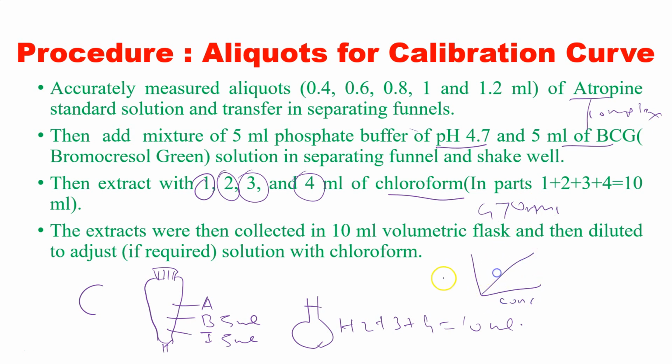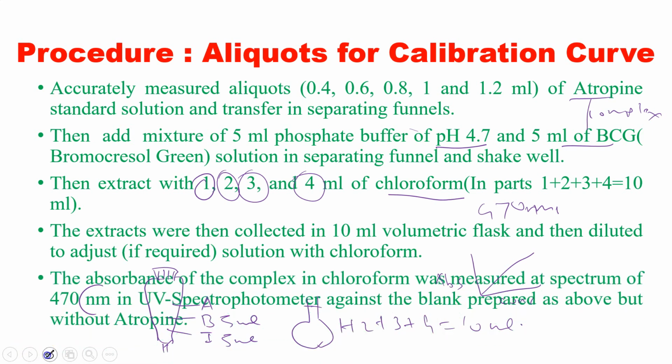Here it will be concentration, and here it will be absorbance. Definitely, whatever the concentration of atropine, that will react with BCG, bromocresol green. And as the complex concentration increases, absorbance will also increase. This way you need to make a calibration curve for standard atropine solution.